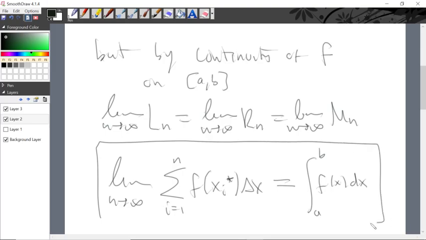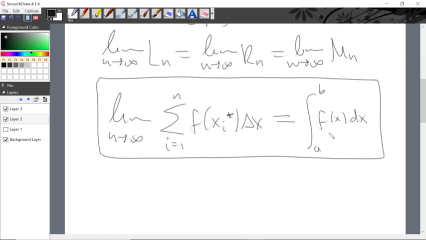As long as the function f is greater than 0, we interpret this answer as the area under the curve that is bounded above by the function f, bounded below by the x-axis, and bounded to the left by the line x equals a, and to the right by the line x equals b.